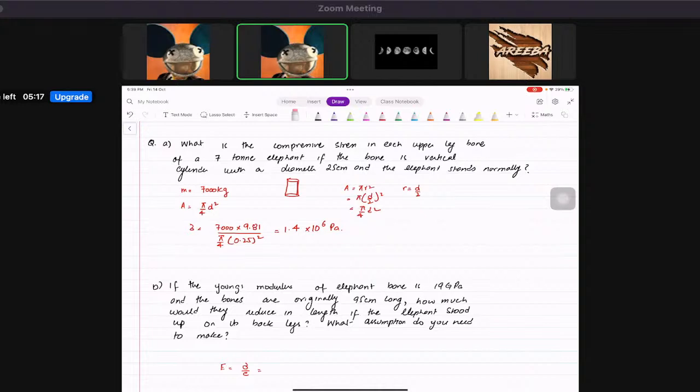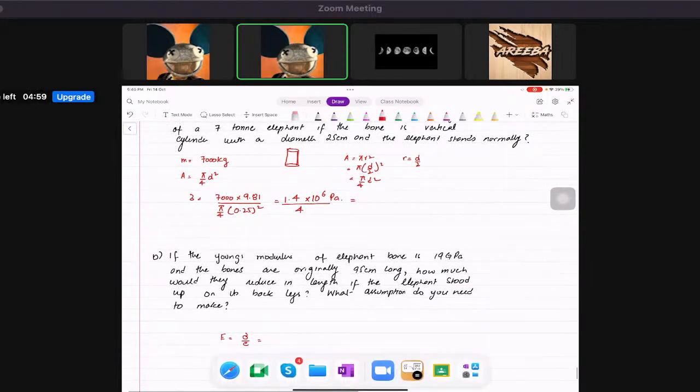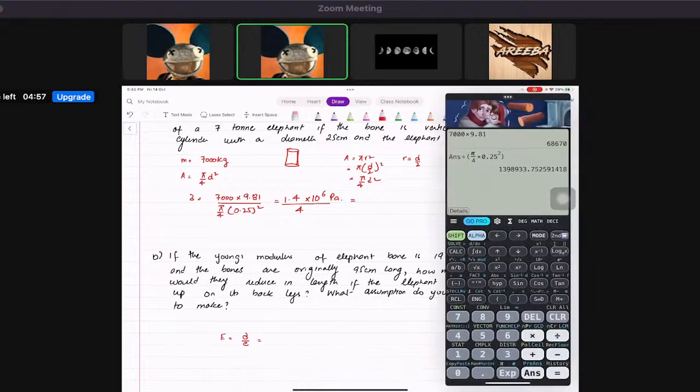So we have to divide the weight by 4, right? So that's something wrong. Each leg will have the weight divided by 4, then it will be the correct answer, and then we can go further. I'm really sorry about that.